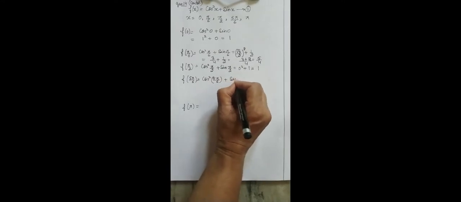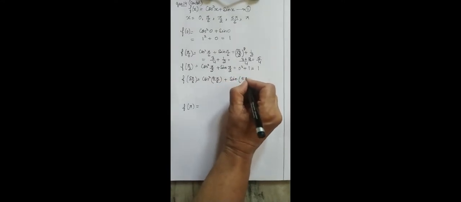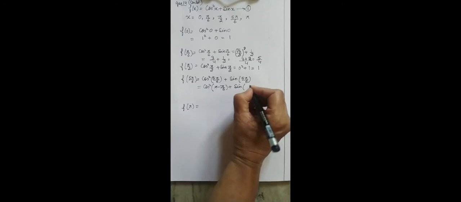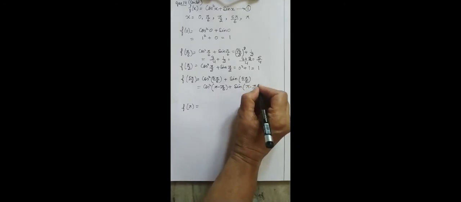Now let me find f of 5 pi by 6. It will be cos square 5 pi by 6 plus sine 5 pi by 6. Now this is equal to cos square pi minus pi by 6 plus sine pi minus pi by 6.